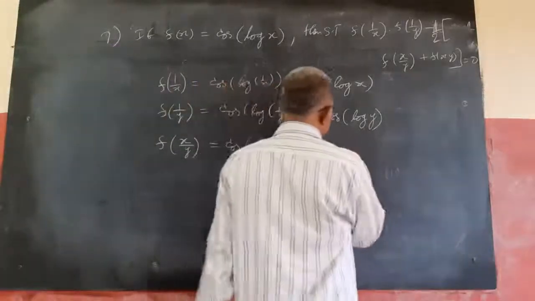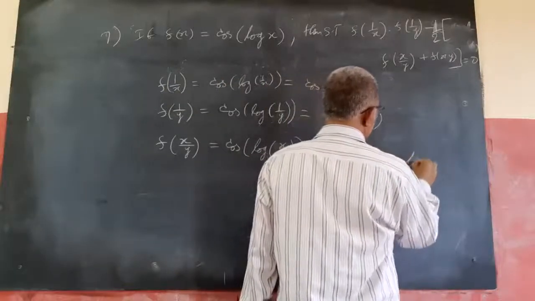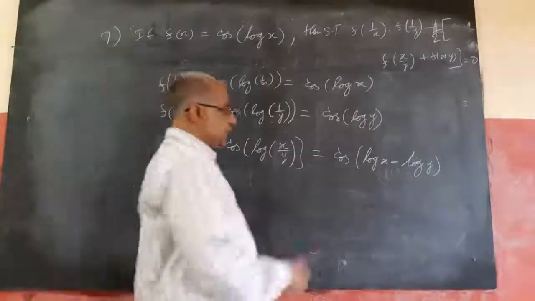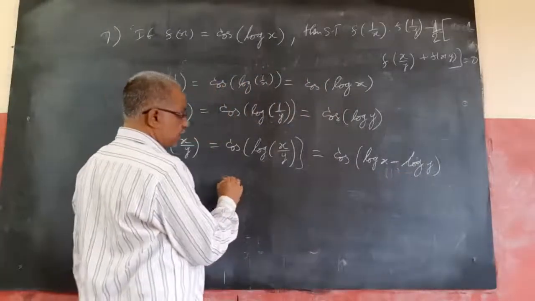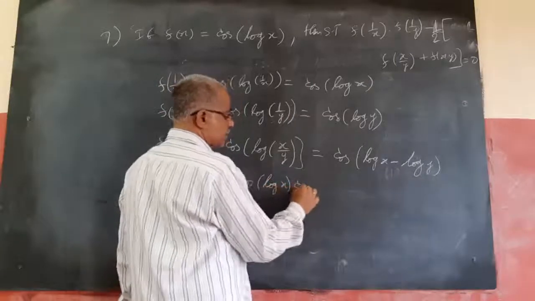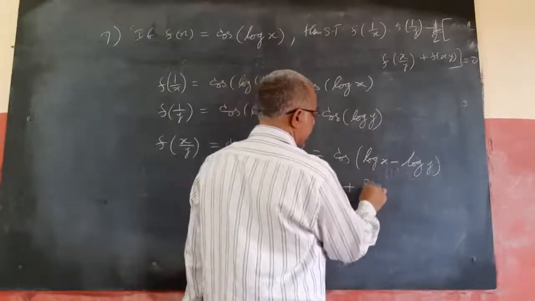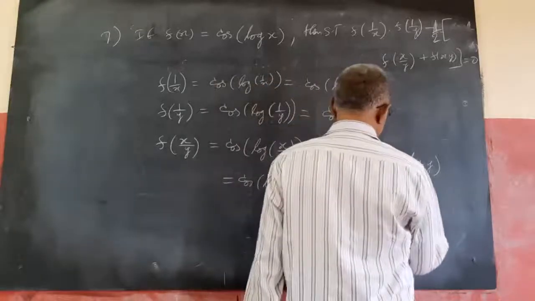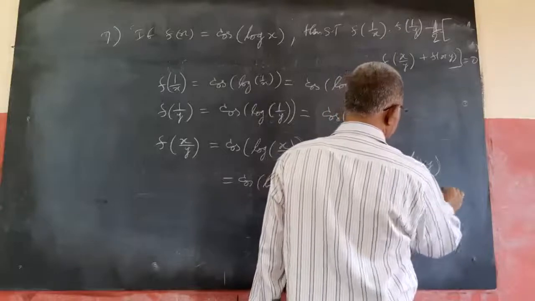So it becomes cos(log x − log y). Now this is the cos(a−b) formula: cos a cos b plus sin a sin b. So cos(log x)·cos(log y) plus sin(log x)·sin(log y).